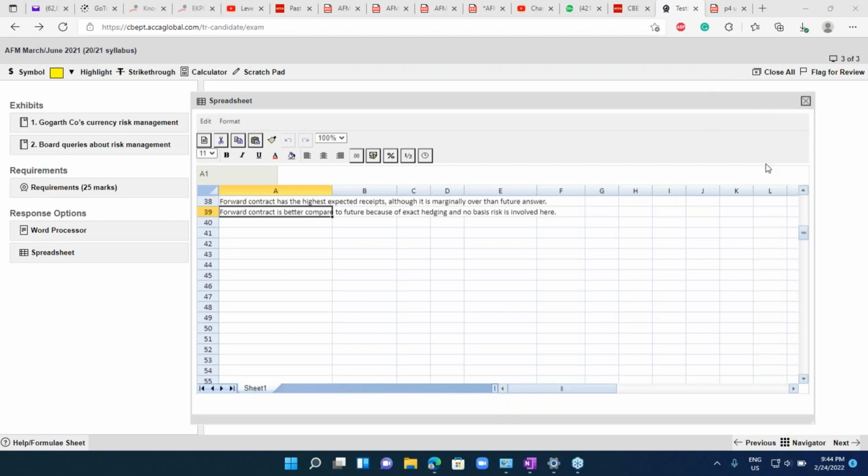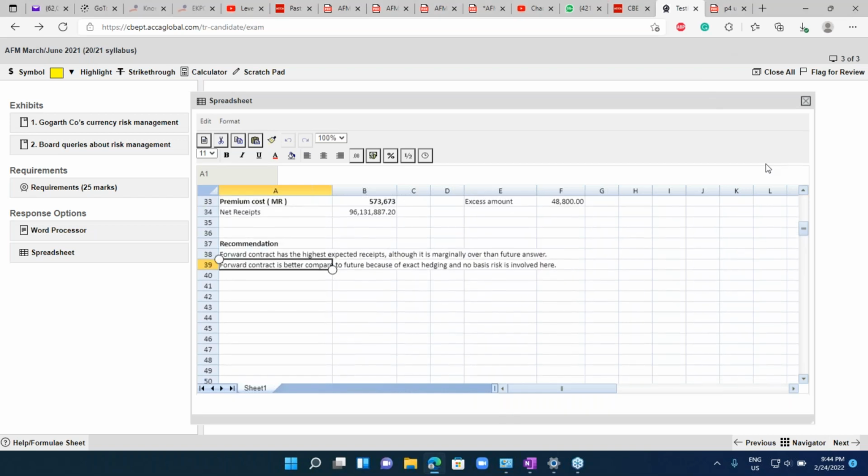So we were discussing the recommendation, how to do the recommendation. I was explaining that we have to compare the forward with the future.